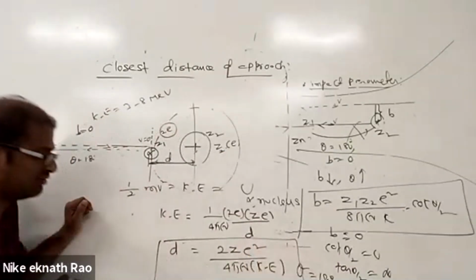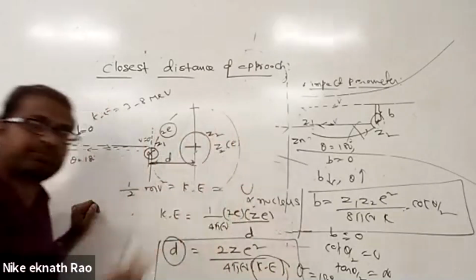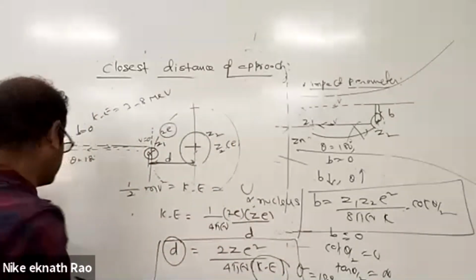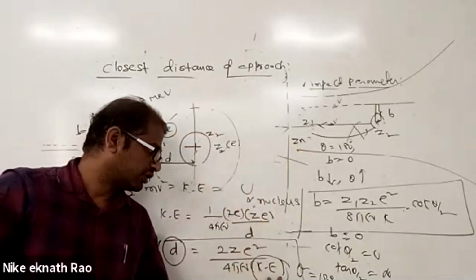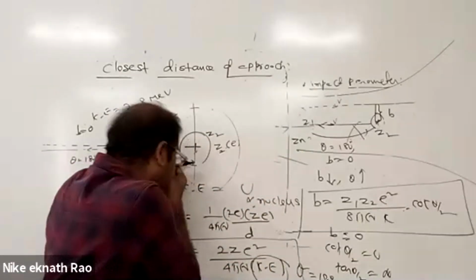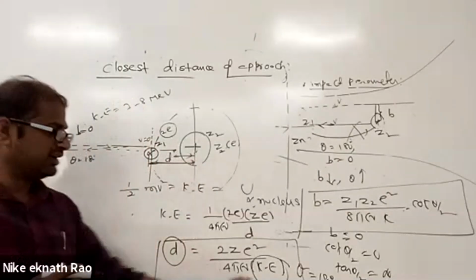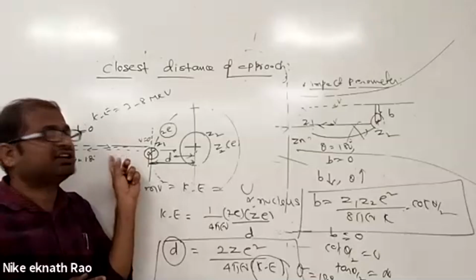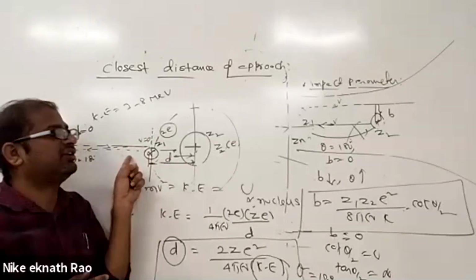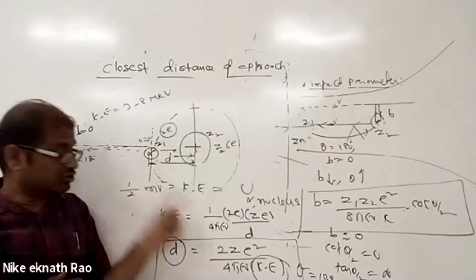Here the question will be based on closest distance of approach and kinetic energy. The higher the kinetic energy of the alpha particles, the closer they can approach the nucleus, so the distance will be smaller. Higher kinetic energy means lesser closest distance of approach; lesser kinetic energy means larger distance.